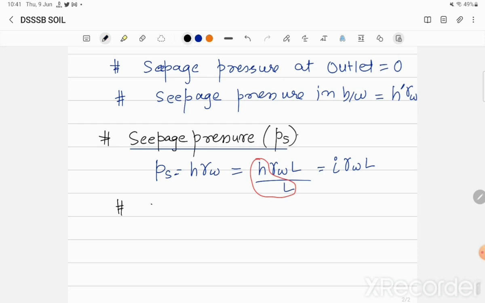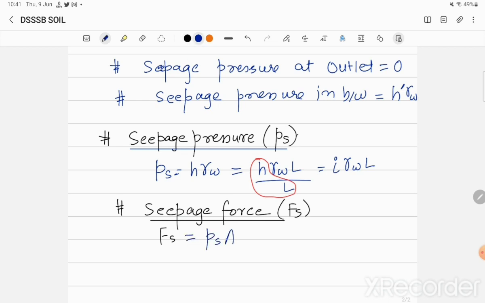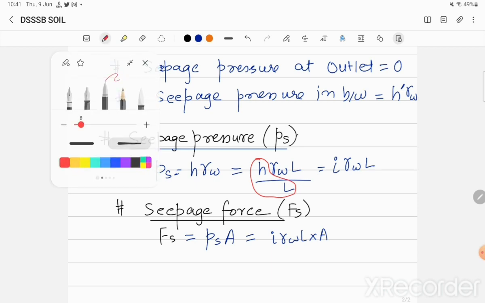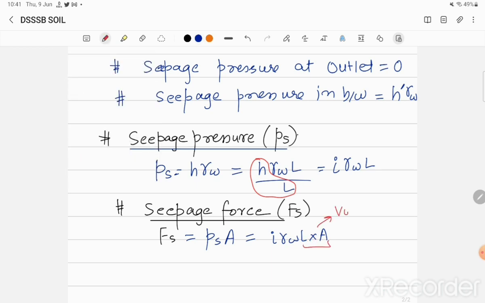Now what about seepage force? Seepage force Fs is written as force is pressure into area. We'll write i gamma w L into area. Area into length will be volume. So this equation becomes i gamma w into volume.